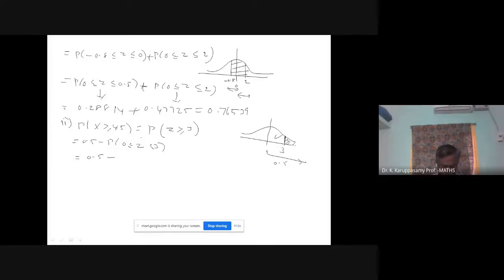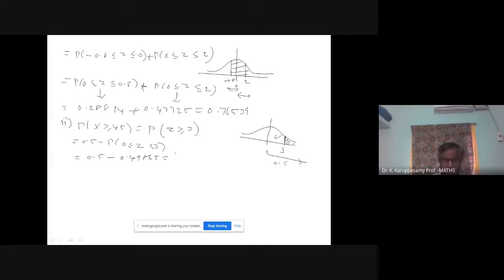Any doubt in the calculator may also be asked. 0.49865.